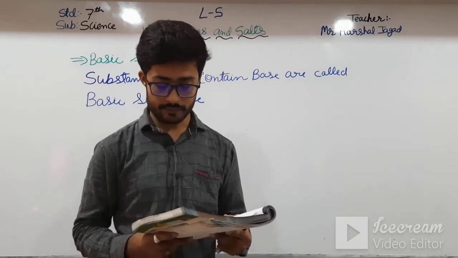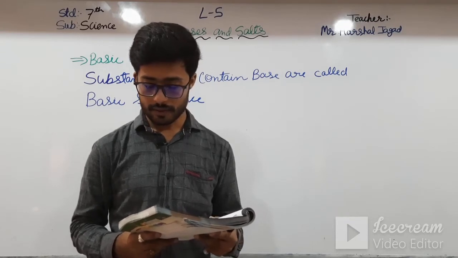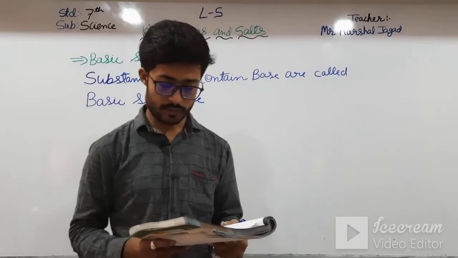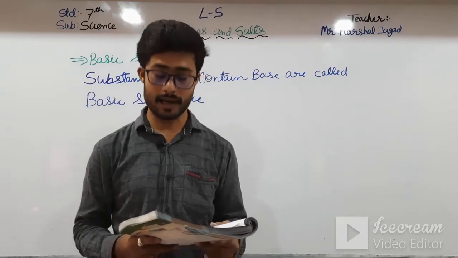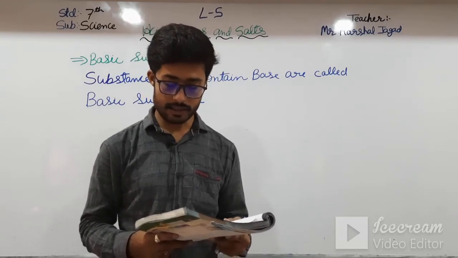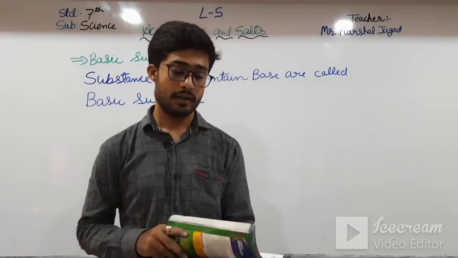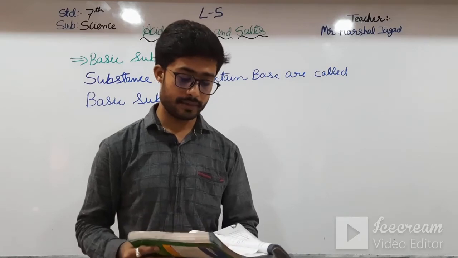They are manufactured from mineral substances. Corn starch, fresh egg white and baking soda, baking soda meaning sodium bicarbonate, are some naturally occurring bases. They are obtained from plant and animal sources. Okay students.